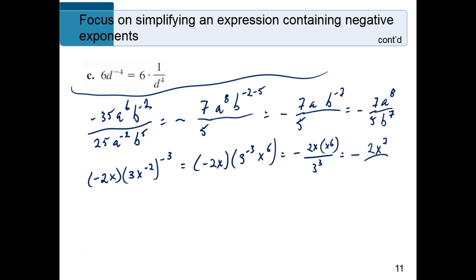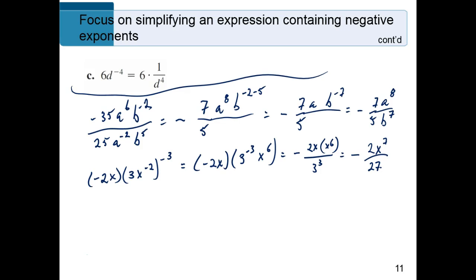No, not 9, wait just a second. 27. 3 squared is 9, 3 cubed is 27. There we have it. That should be our answer. Minus 2x to the 7th over 27.